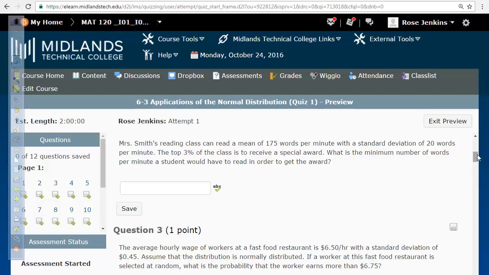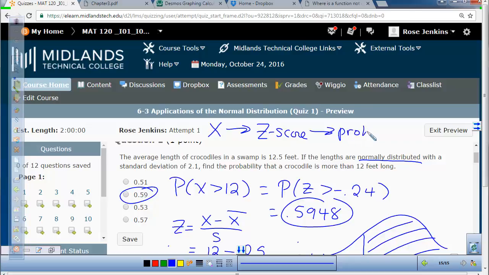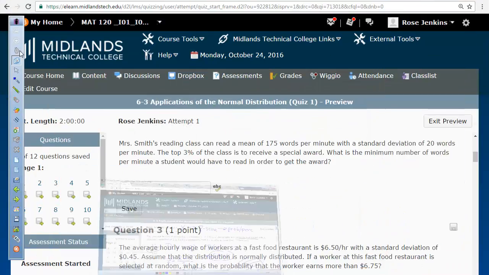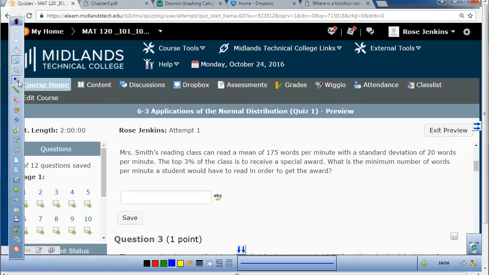If we go back and look at the last problem, you note that we were given an x value, we converted that x value to a z-score, and then we used our z-score to find the area or the probability or the percentage. Okay, all right, but in this question, we are actually being given the percentage.